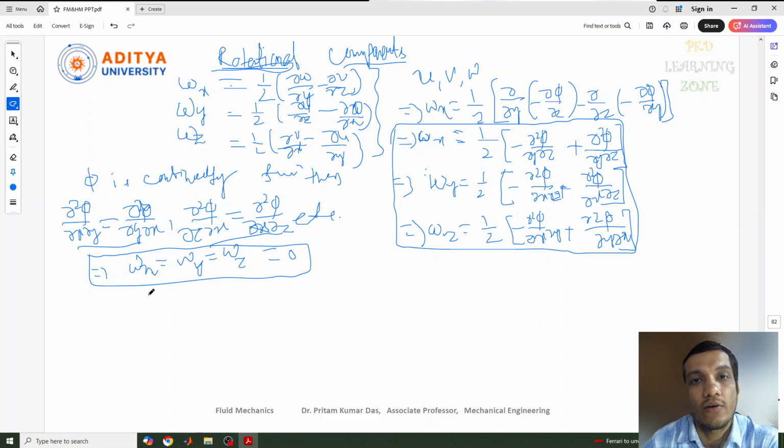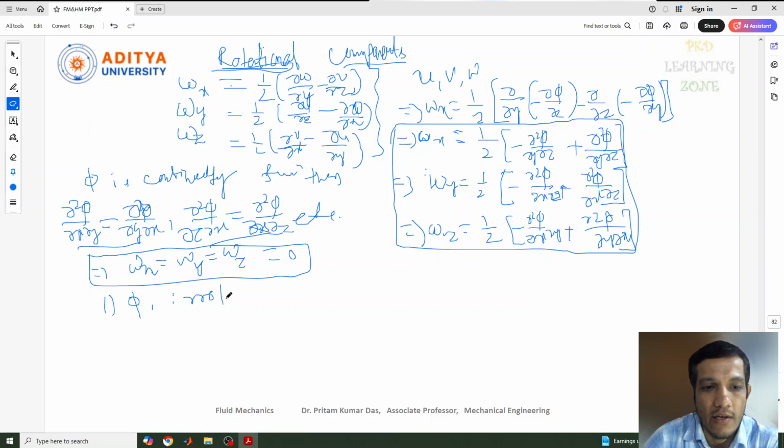That means we have discussed the rotational fluid and irrotational fluid. So here the rotational components are all 0 we got. So we can say when the rotational components are 0, then the fluid is irrotational. And the properties of this velocity potential function can be concluded like this. First thing, if the velocity potential function exists, then the flow should be irrotational.